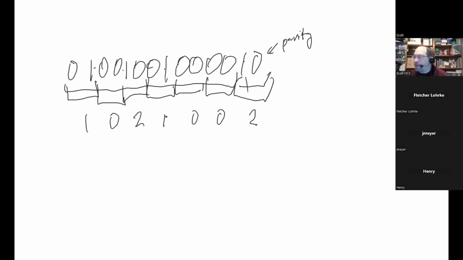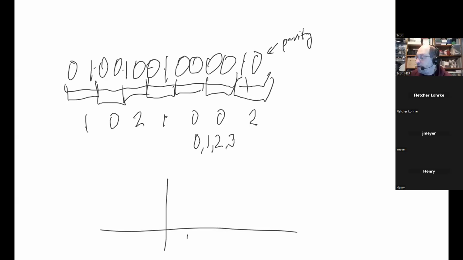So now we could send this as 1, 0, 2, 1, 0, 0, 2, where the whole alphabet is 0, 1, 2, or 3. We didn't see any 3s just because I didn't make the code very well. But now we can do this. We have 0 is here, 1 is here, 2 is here, and 3 is here. And whenever any of those happens, we're going to make a shift to that point.